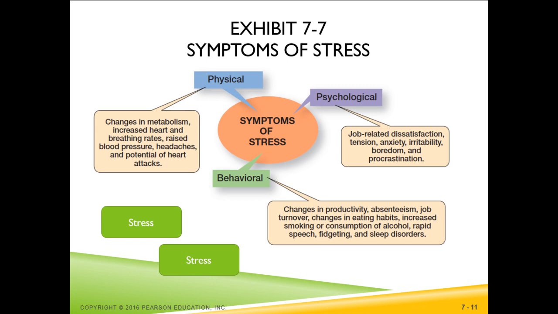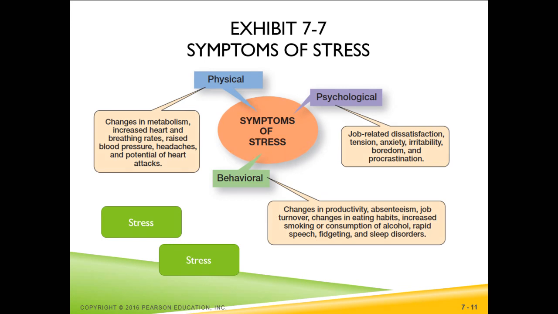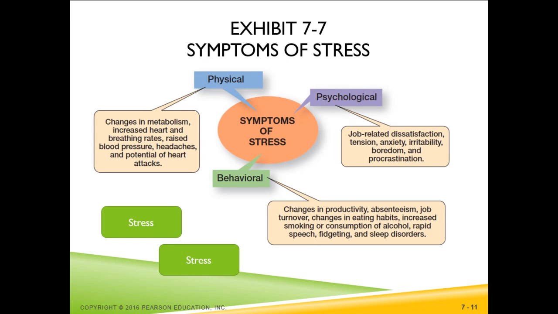As Exhibit 7.7 shows, stress symptoms can be grouped under 3 general categories: physical, psychological, and behavioral. All these can significantly affect an employee's work. Physical stress is when a person faces changes in their heart rate and breathing rates, raised blood pressure, headaches, and potential heart attacks. Psychological stress is when a person has job-related dissatisfaction, tension, anxieties, irritability, boredom, or procrastination.